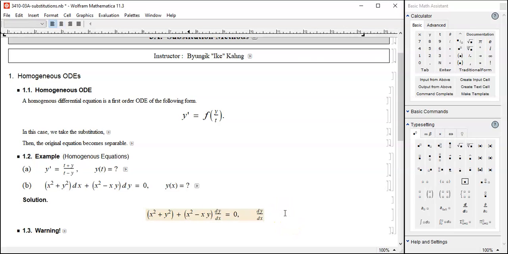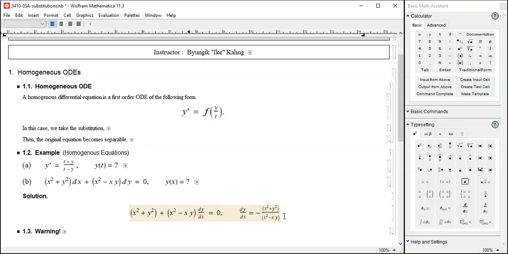So you can have something like this, negative of this after flipping, and then we can divide by this. And there you go.